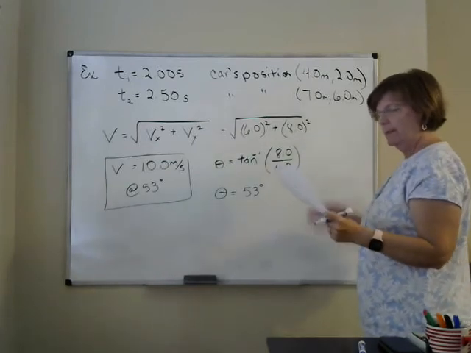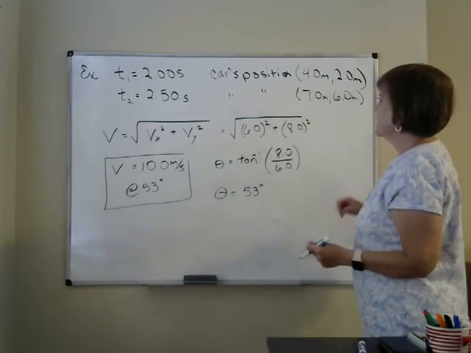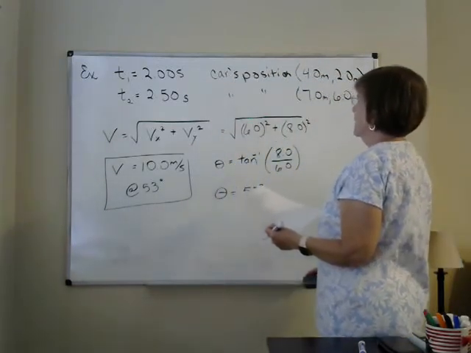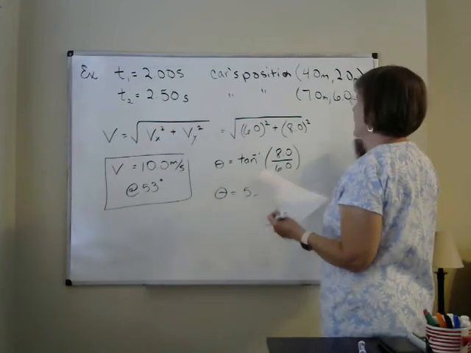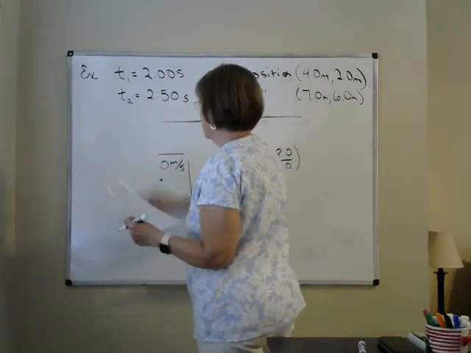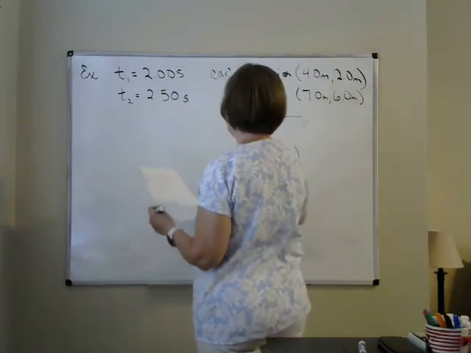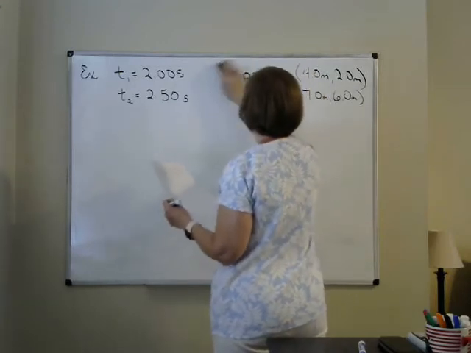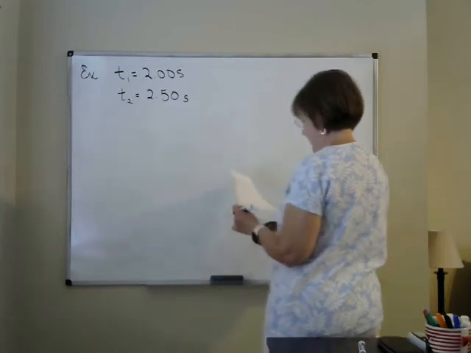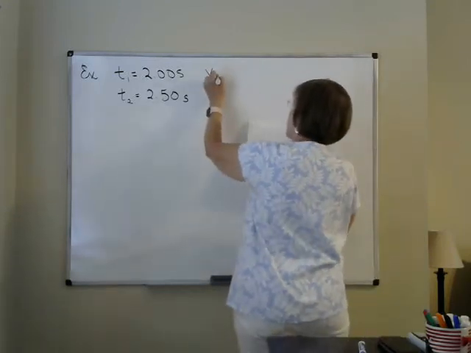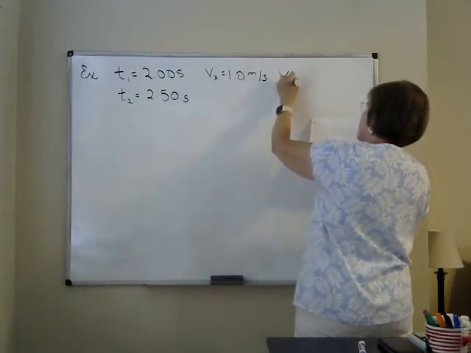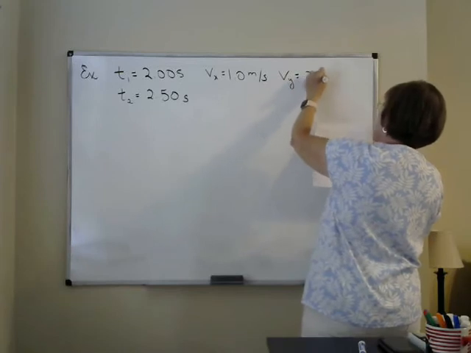Now, let's talk about the same car. Suppose that we know the velocity as well as the positions. Not an average velocity, but the actual velocity. Suppose that they tell us at time t1, the x component of the velocity was 1 meter per second, and the y component of the velocity was 3 meters per second.